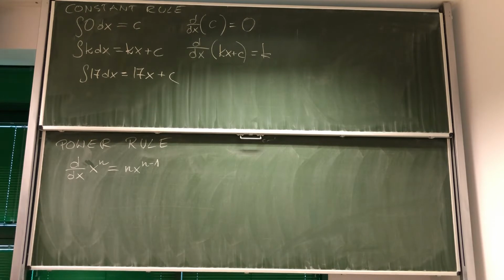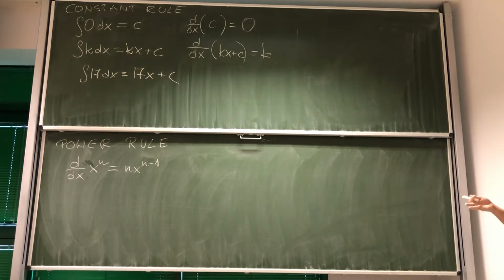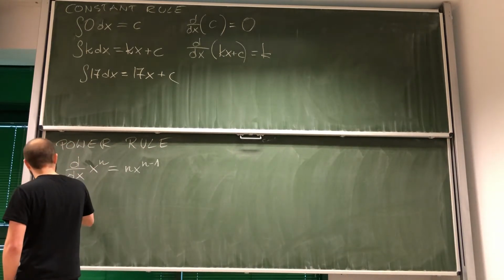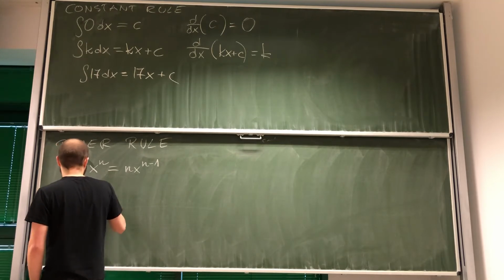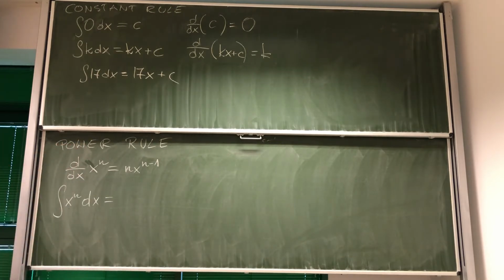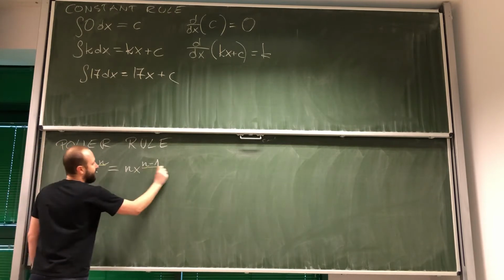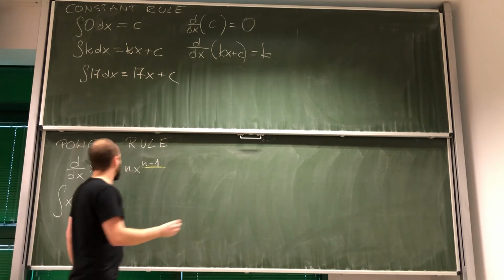Okay, so look, this actually allows us to figure out what we should do in the case where I want to actually do the opposite. So I want to know what is the integral of x to the power of n dx. Okay, so look, first thing we are noticing here is that here we used to have n, but then after differentiation we had n minus 1.